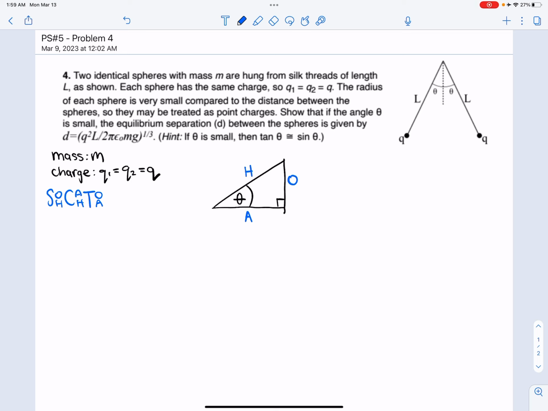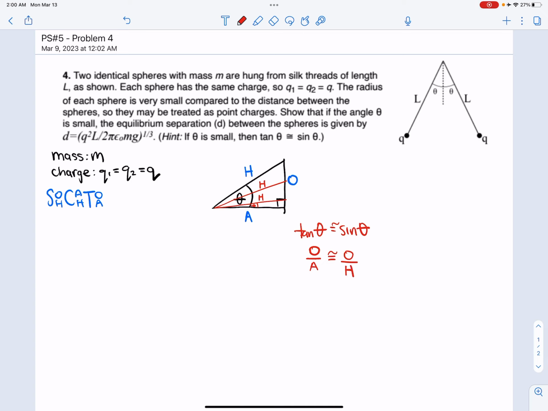It's saying that if theta gets smaller, so now this is H, and if it gets even smaller than that, so this is now H and this is now theta, the tangent theta is equal to sine theta, or the ratio between the opposite side over the adjacent side is going to be pretty much the same as the opposite side over the hypotenuse, right?